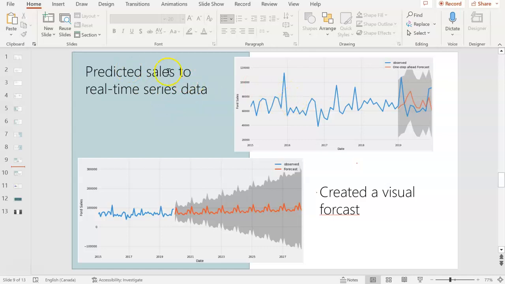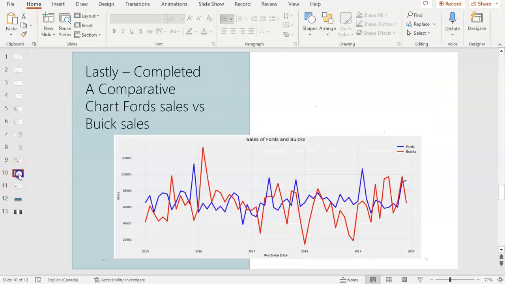I also did some predicted sales against the real time series data for Ford sales, and this chart is a visual forecast. Lastly, I completed a comparative chart, Ford sales versus Buick sales. You can see here the Ford sales are in blue and the Buick sales are in red.